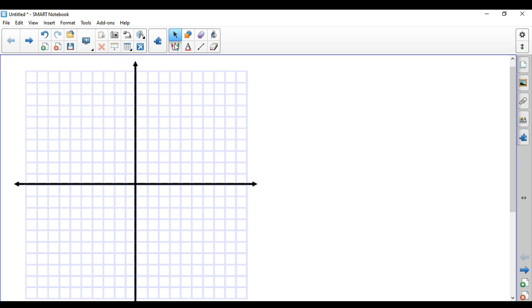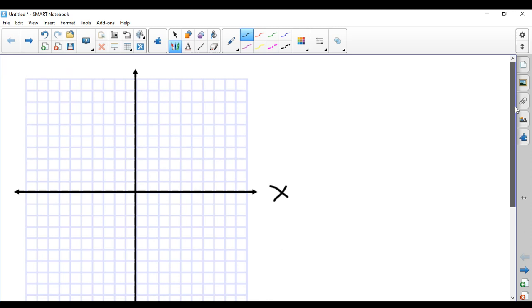So first things first, we got to talk about these lines. These lines are called axes, and one line is called an axis. The horizontal line is always known as the x-axis, and the vertical line is always known as the y-axis. There's no exception to this.